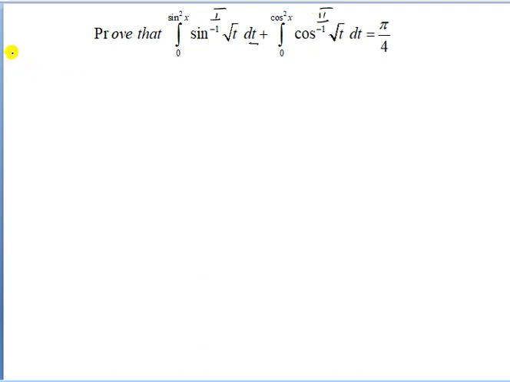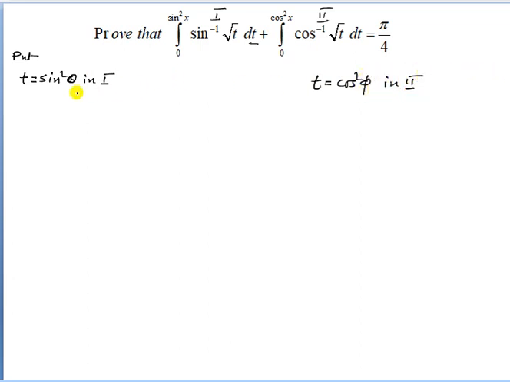So put t equals sin square theta in the first integral and t equals cos square phi in the second integral.